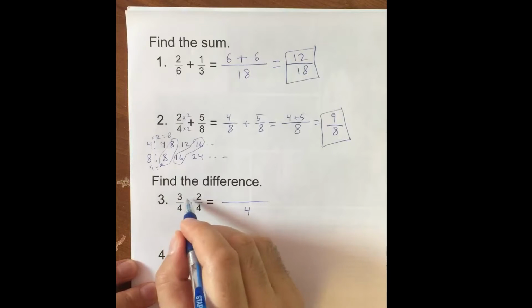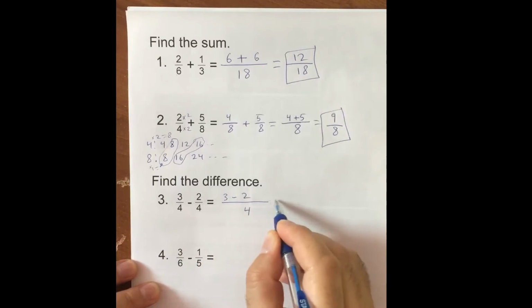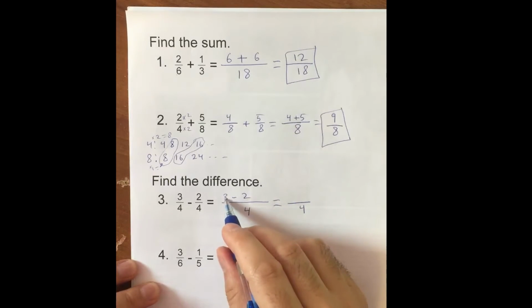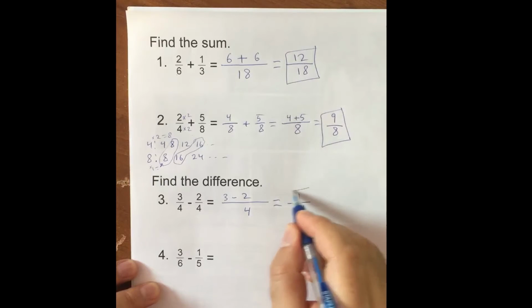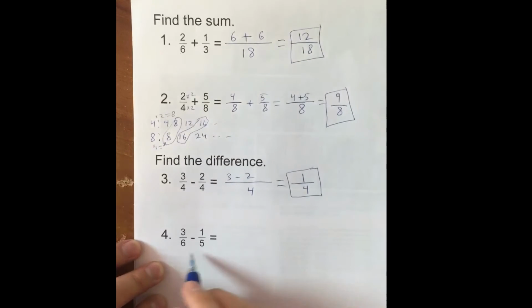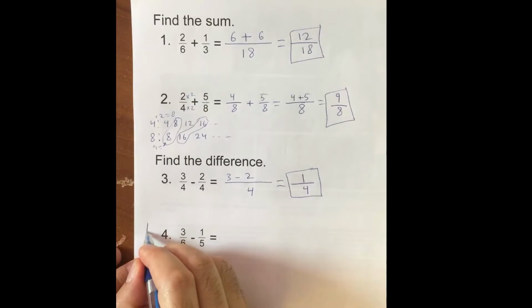What you do is now you just write the top, 3 minus 2. Okay, now 4, we write the 4, and then 3 minus 2 is 1. That's our final answer.